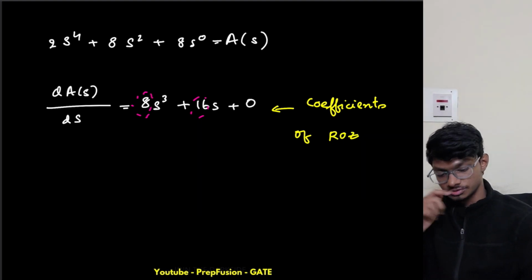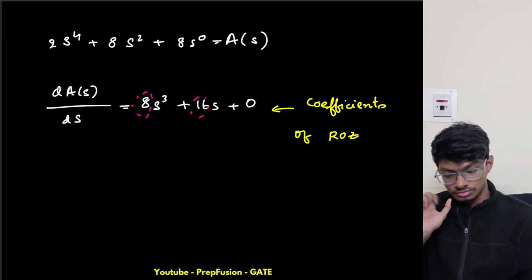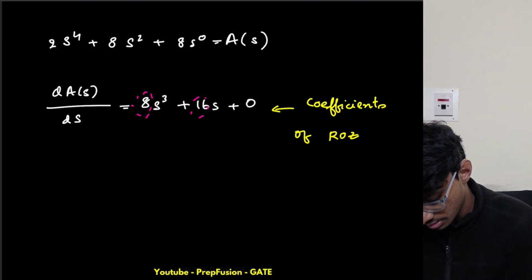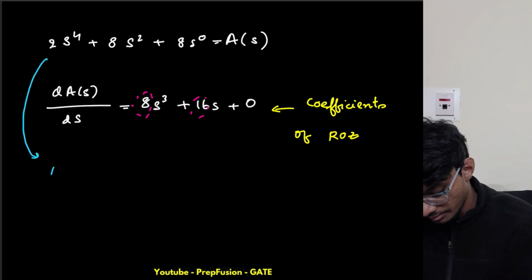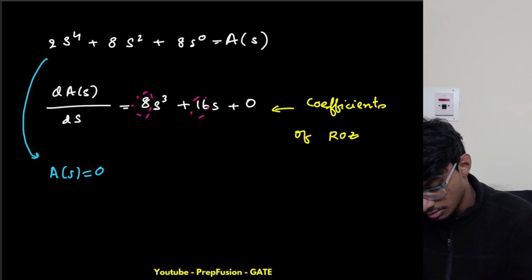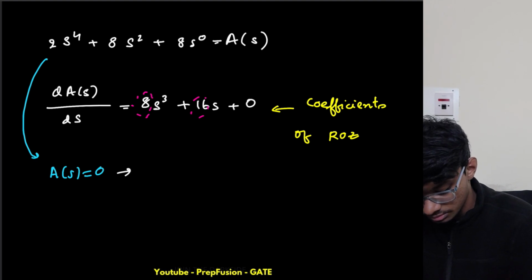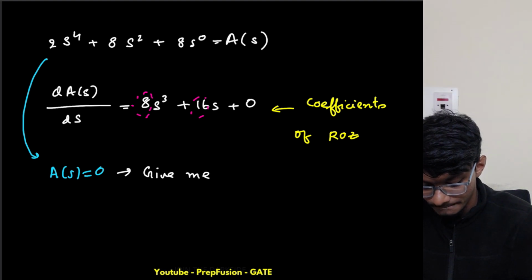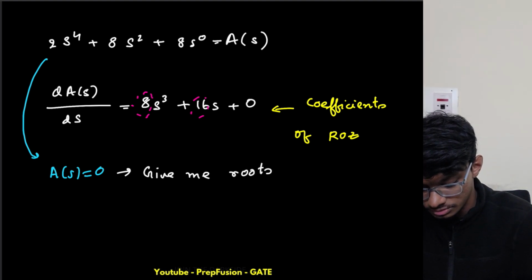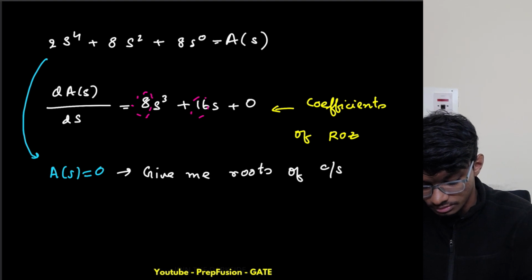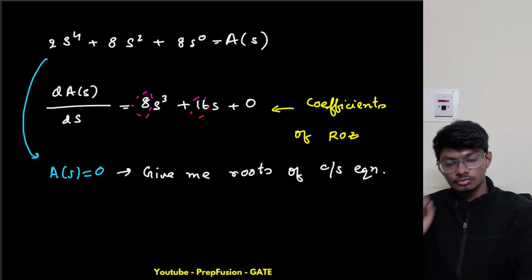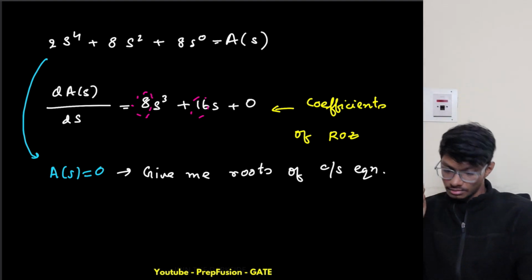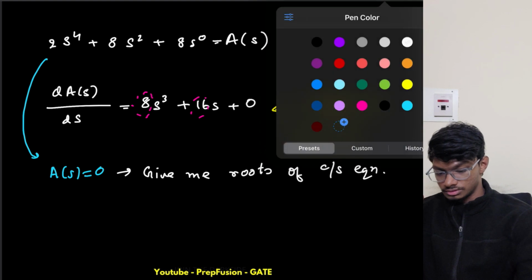If I make A(s) equal to 0, this will give me roots of the characteristic equation.